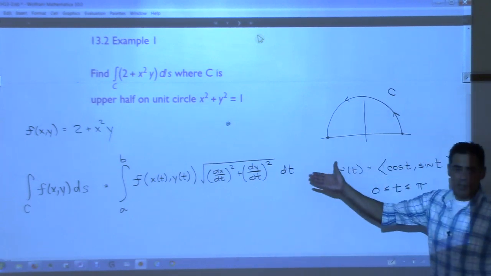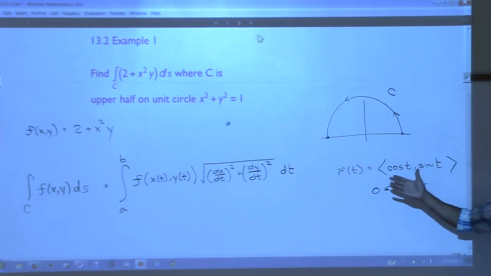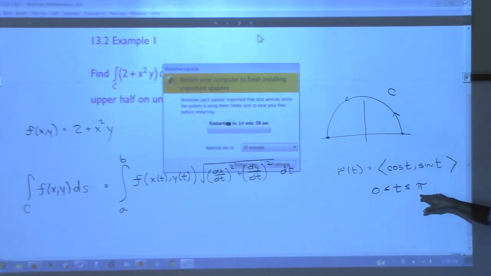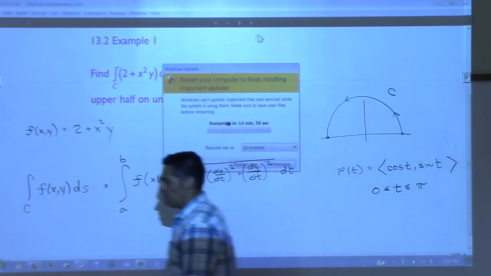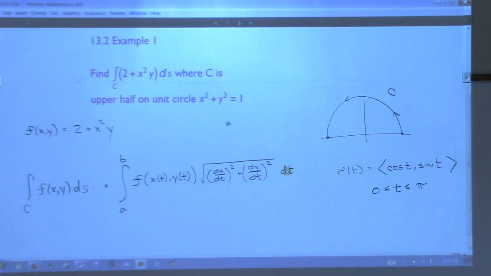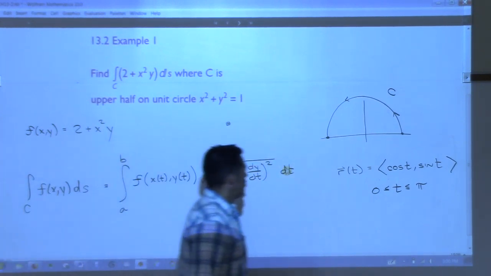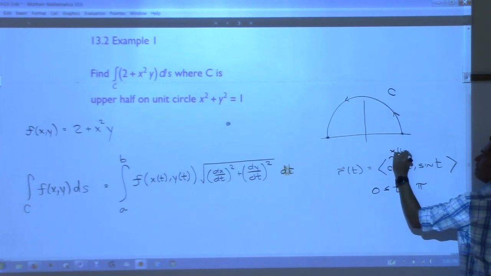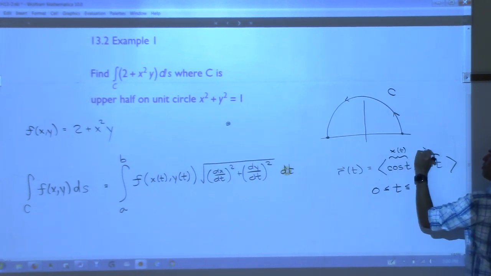So that's the formula we're using. We know a and b, yes? 0 and pi. Do we know x of t? What is x of t? And what is y of t? Yeah, those are our parametric equations. This right here is x of t, and this right here is y of t, right?